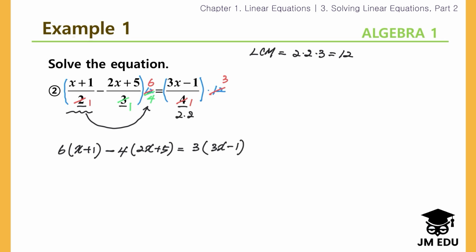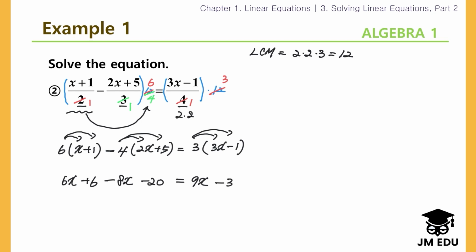Okay, so 6x, 6 times 1 plus 6, minus 4 times 2x minus 8x, minus 4 times 5 minus 20 is equal to 3 times 3x, 9x, 3 times minus 1 minus 3.